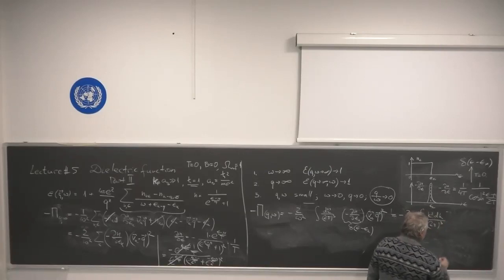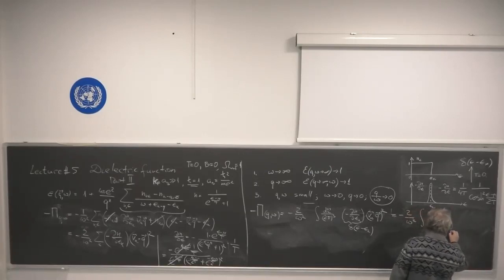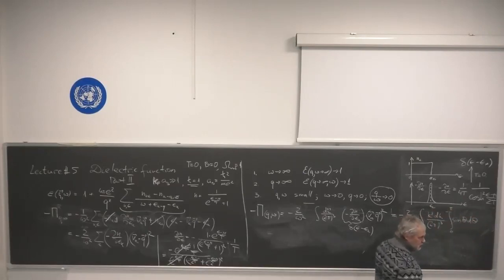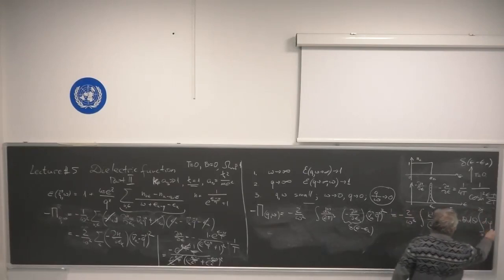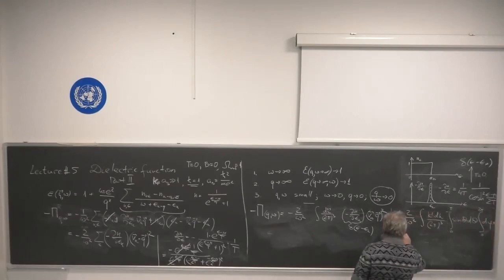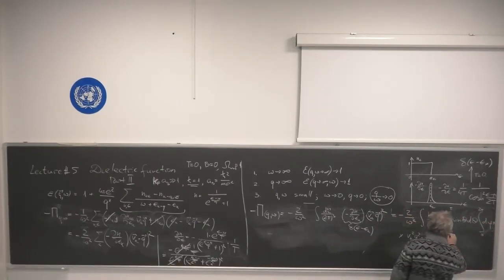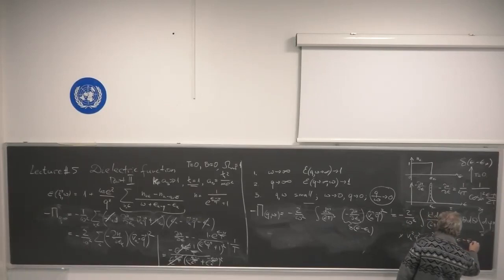Now I have the integral from 0 to pi of sine theta d theta, and the integral from 0 to 2 pi of d phi. What then remains, times the scalar product, is v_k squared times q squared times cosine squared theta. Nothing depends on phi, and then I have the delta function of epsilon minus epsilon.